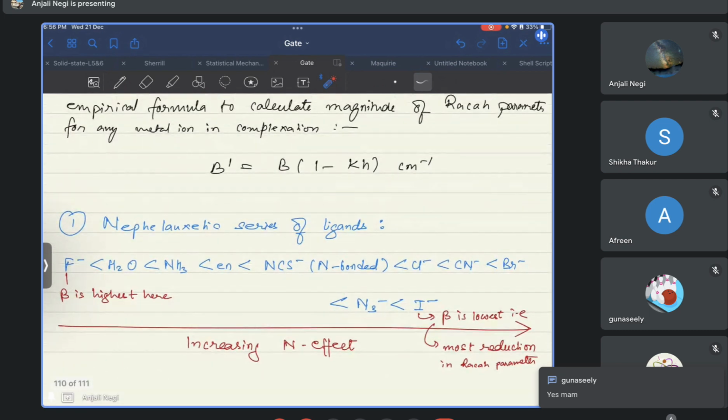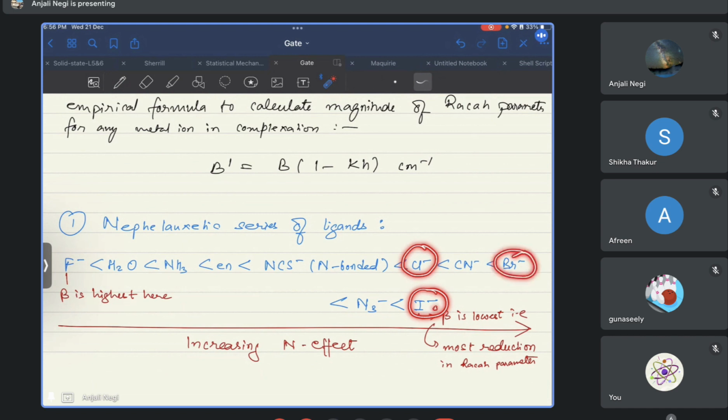So this particular series that I have shown you here is F negative, H2O, ammonia. So F negative has the highest beta here, and I negative has the lowest beta. Now just note down that I negative, Cl negative and Br negative are in very different positions in comparison to the spectrochemical series.